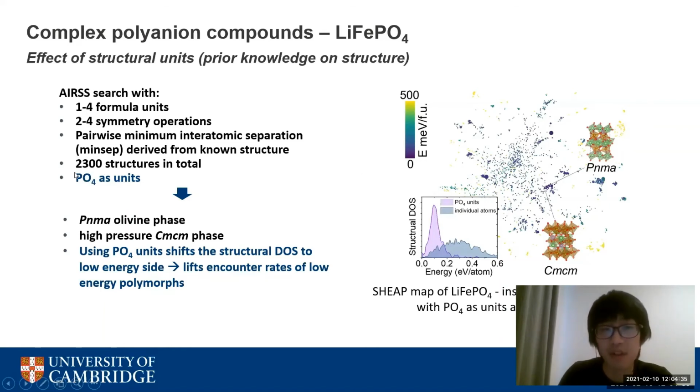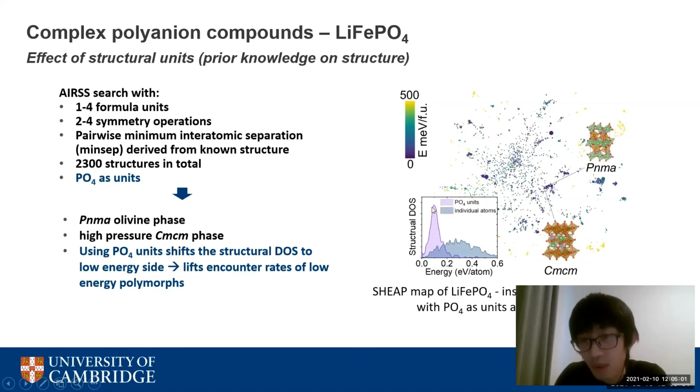One thing I want to emphasize is that during this search, we actually set PO4 as a unit. So when we generate this random structure, we do not have individual atoms. We generate PO4 as units because we know that in this structure, PO4 always forms these units to have low energy. We did some comparison for this.